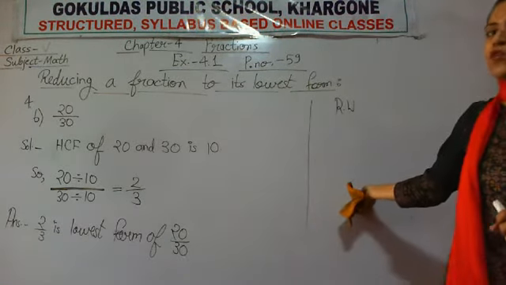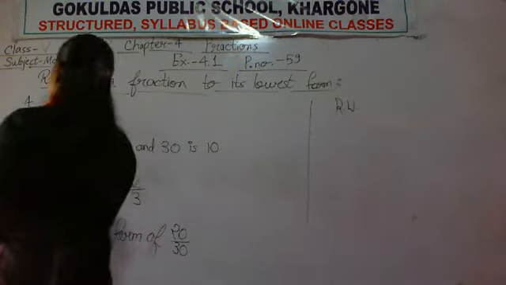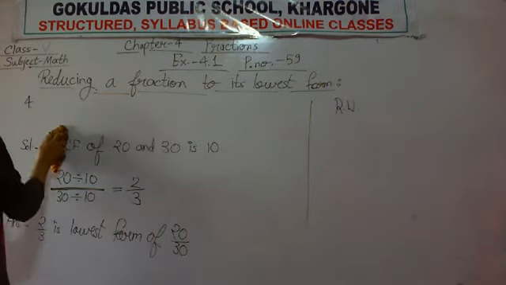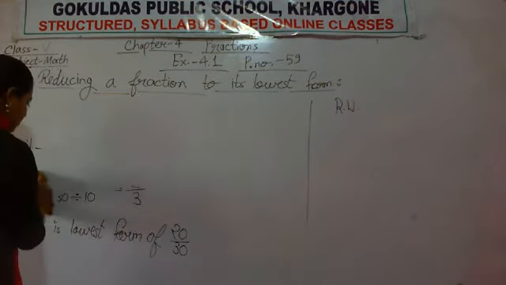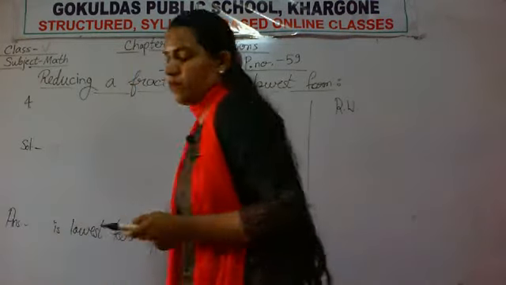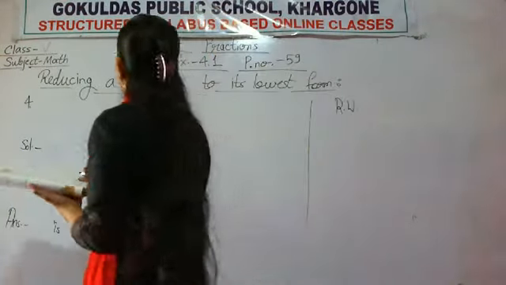Again remember two steps. First step is find the HCF and second step is divide numerator and denominator by the HCF. Okay, so the next question is 13 upon 169.